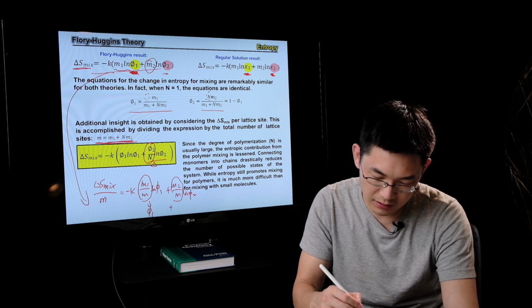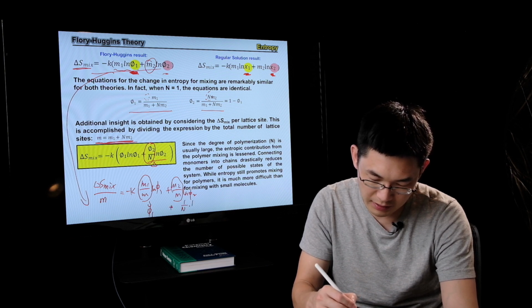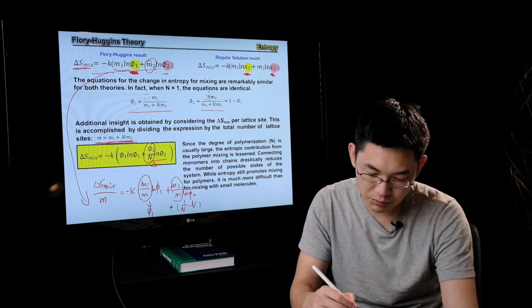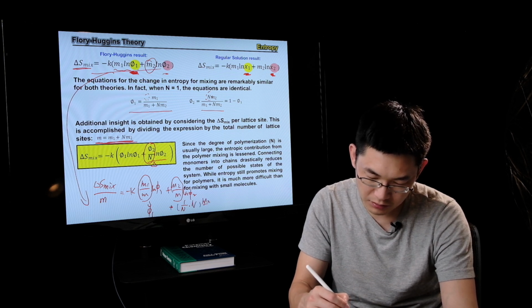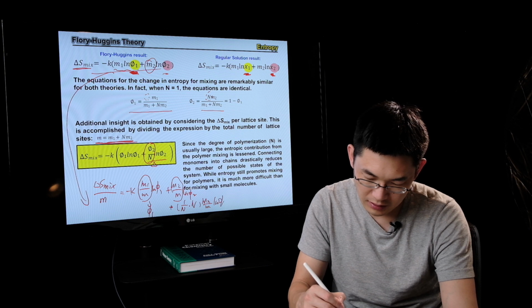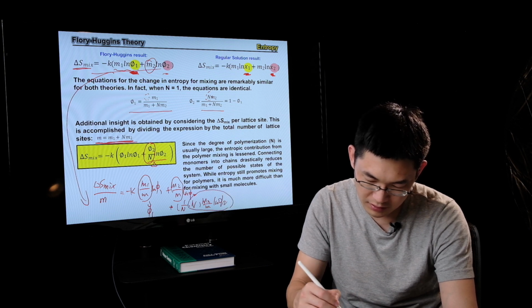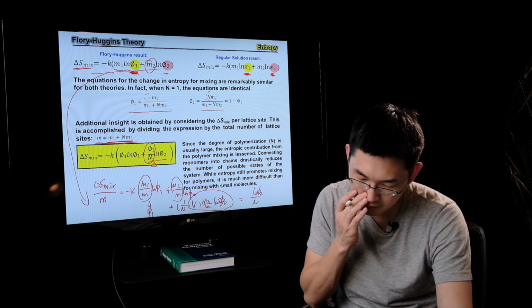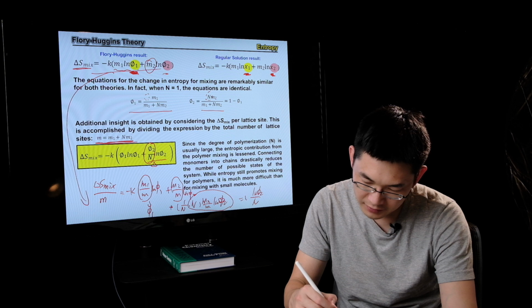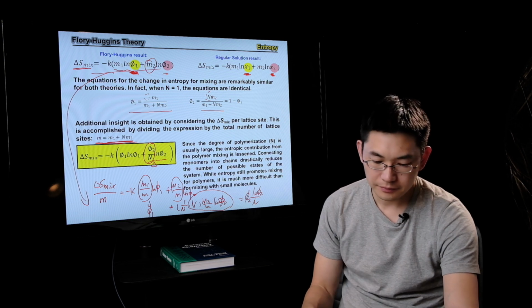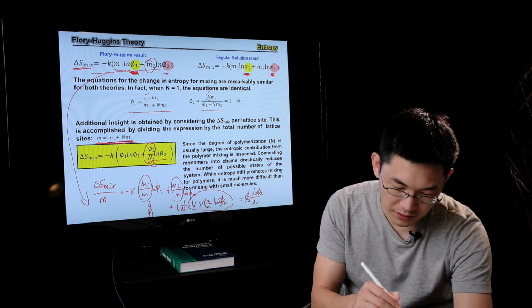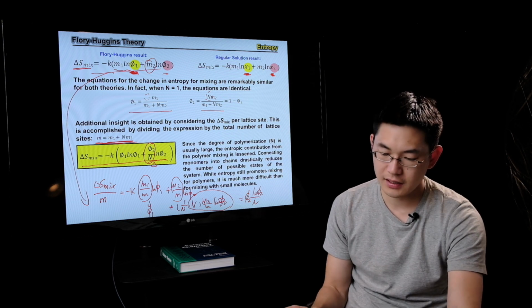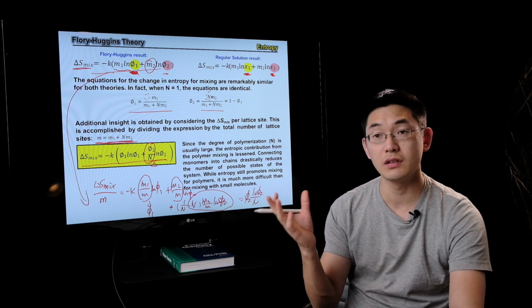So this basically simplifies to n multiplied by n, which will be equal to 1, and now you can use this term. And if you consider these, it's basically phi 2 divided by n, log phi 2. Okay? And phi 2, right? So that's where this delta S mixing per lattice site comes from for Flory-Huggins theory.